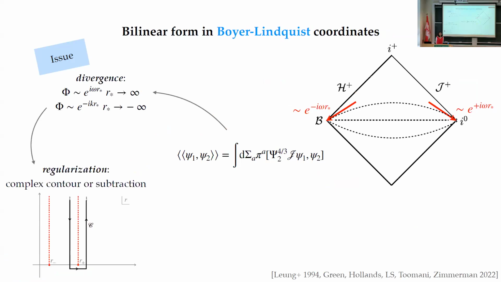And in Steven's talk, you heard that many people have proposed ways of regularizing quasi-normal modes in these products. For example, you can use a complex contour which goes around this branch cut of the mode functions that originates at the horizon.